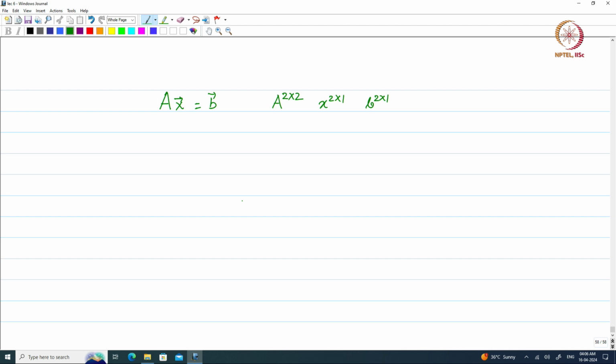In the next lecture we will answer this question: can we have a vector u such that Au is equal to lambda u? That means, when the vector u gets transformed by the matrix A, can the resultant be along the same direction as u, just a scaled version of u, with the direction not changing? That is where we get into the idea of eigenvalues and eigenvectors, and we will look at that in the next lecture. Thank you.